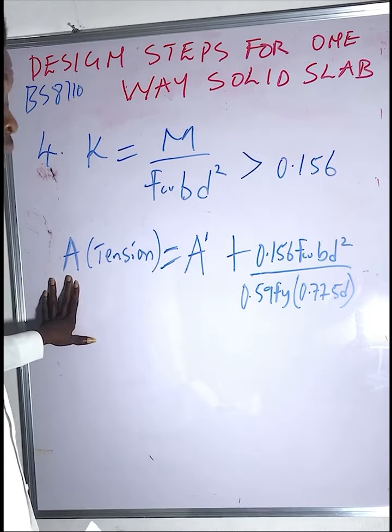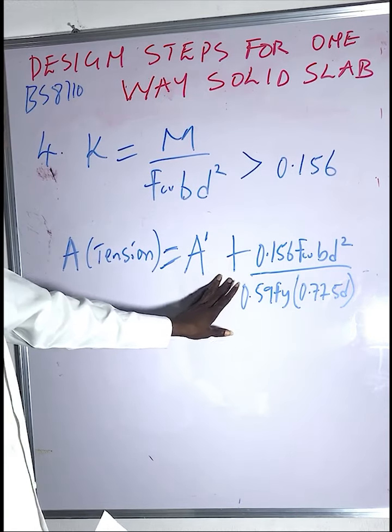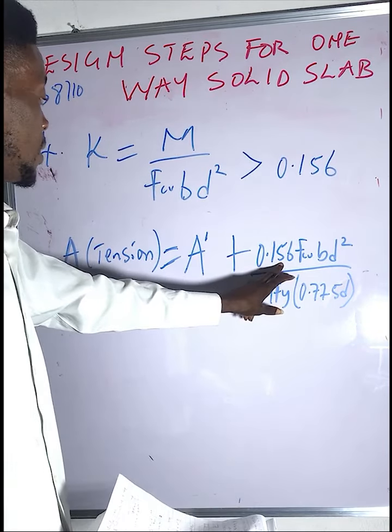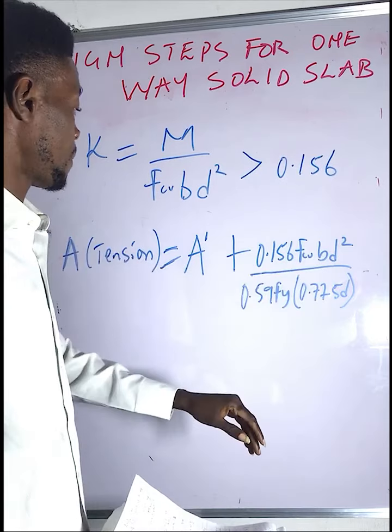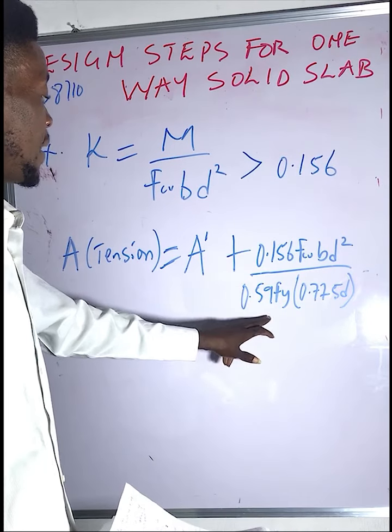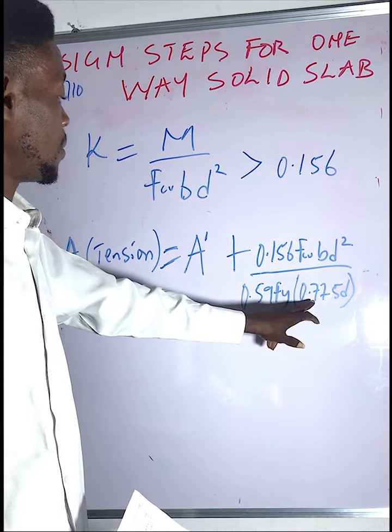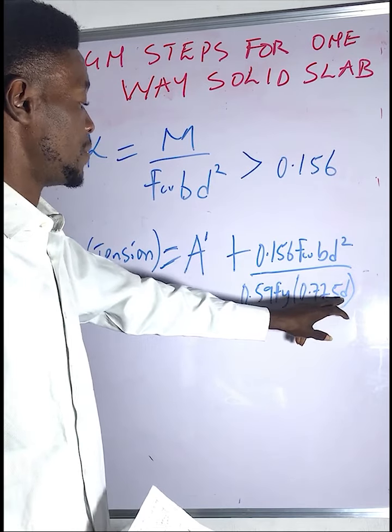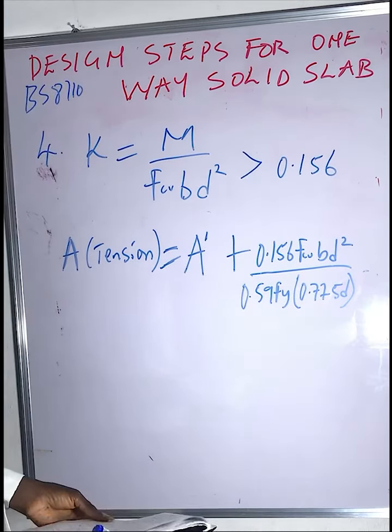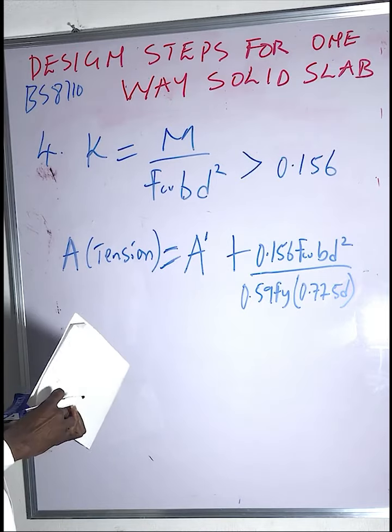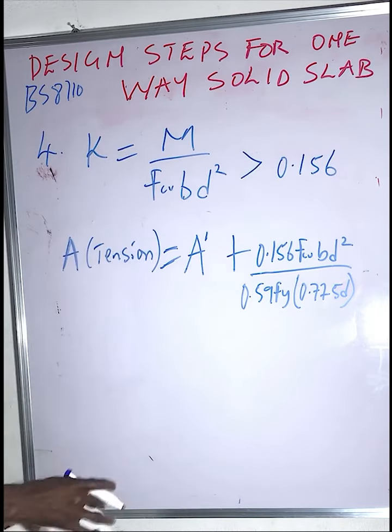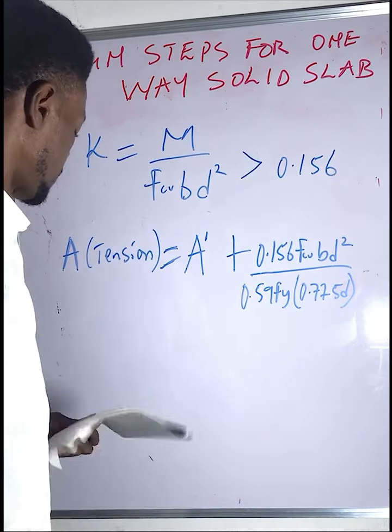Then your tension reinforcement will now be your compression reinforcement plus 0.156 FCU BD squared over 0.95 FY multiplied by 0.775 D, effective depth. So this is how to get your area of tension reinforcement and compression reinforcement.